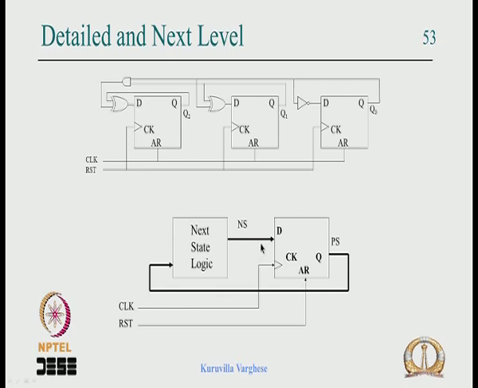So that is just to say that when we use such a block diagram, don't forget the detailed picture you should have in your head, otherwise you can make mistakes in analysis. When you analyze some circuit or debug some circuit, you can forget something and it can create trouble.